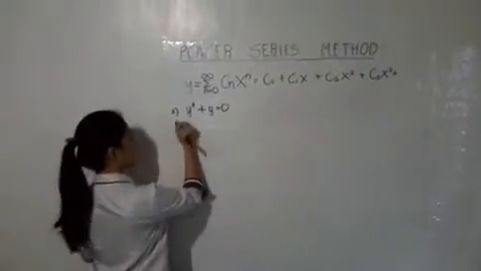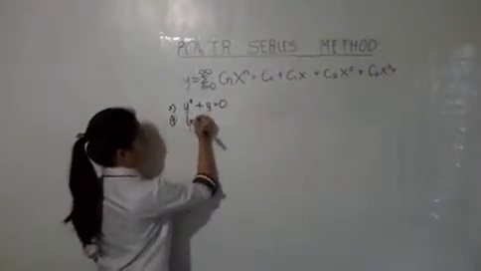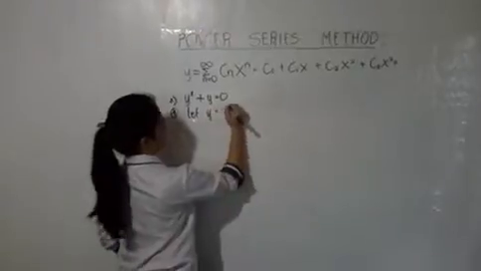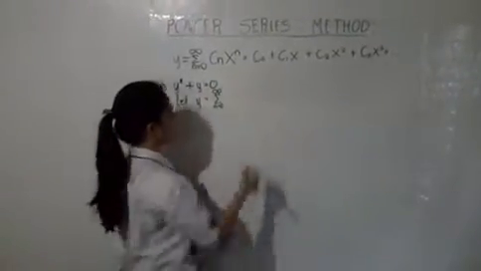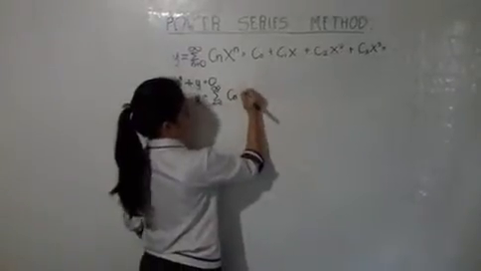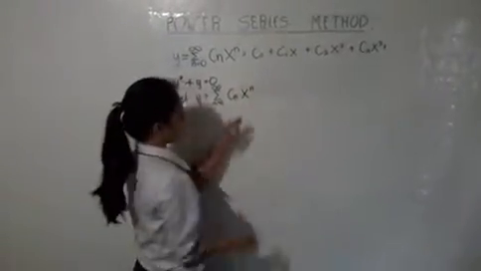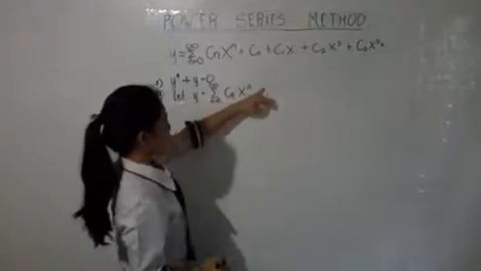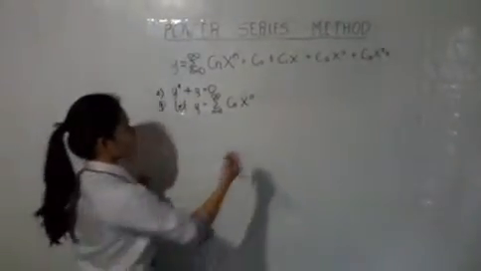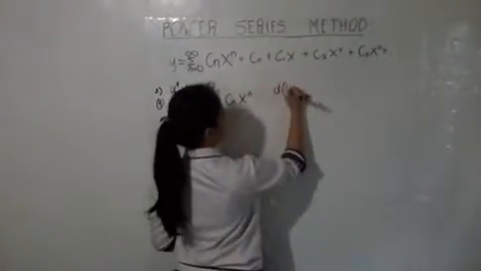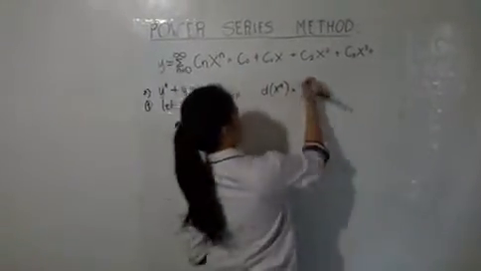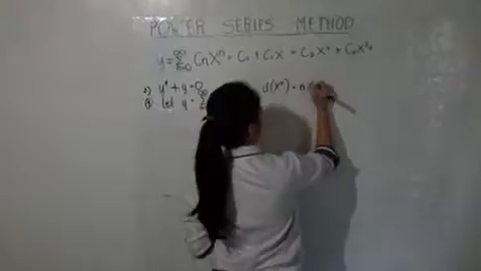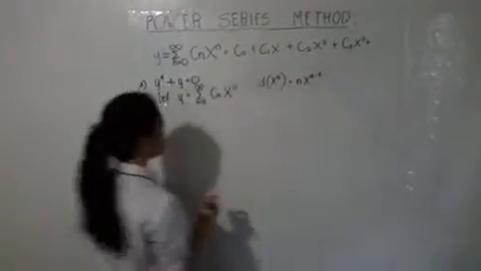First step, let y is equal to summation of n is equal to 0 to infinity c sub n x raised to n. To get our first derivative, we have to follow the property of the differential, n x raised to n minus 1.